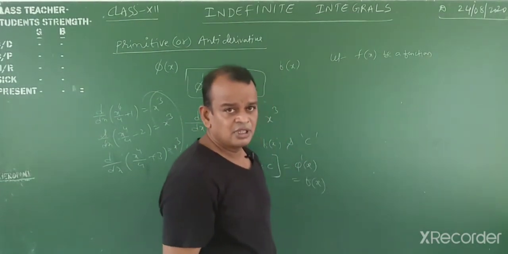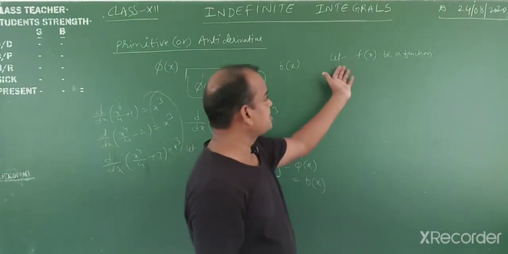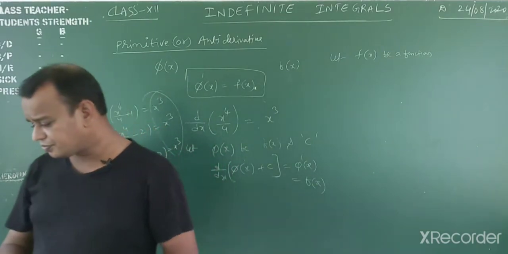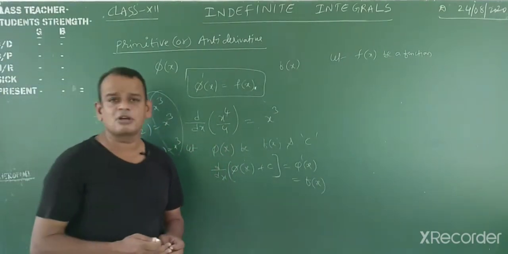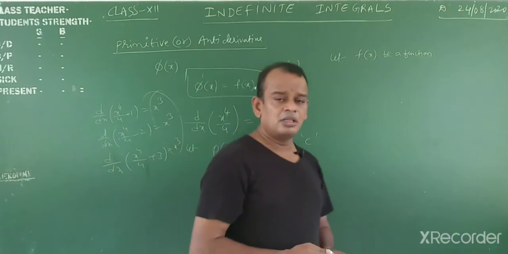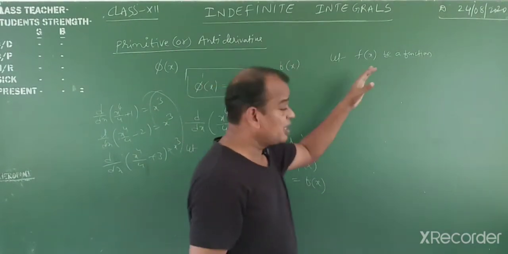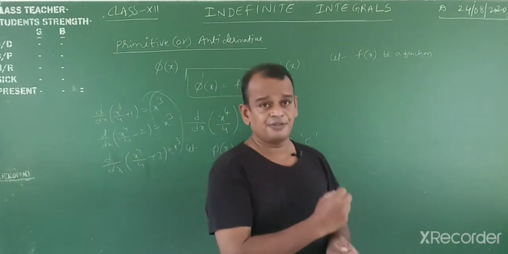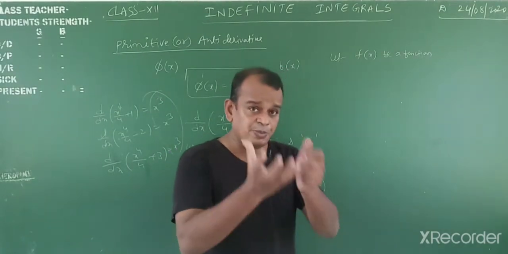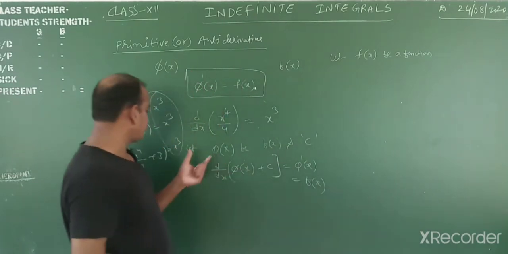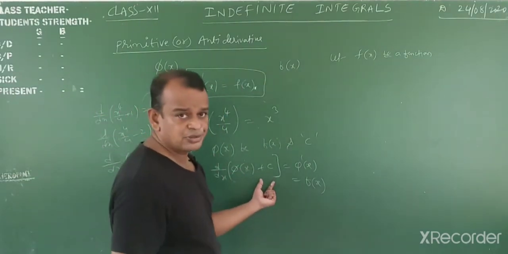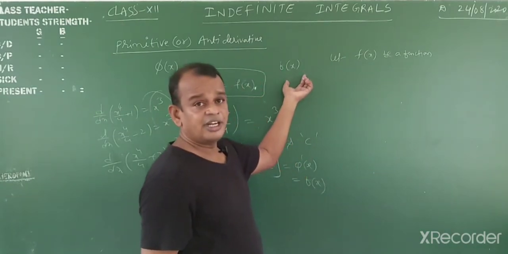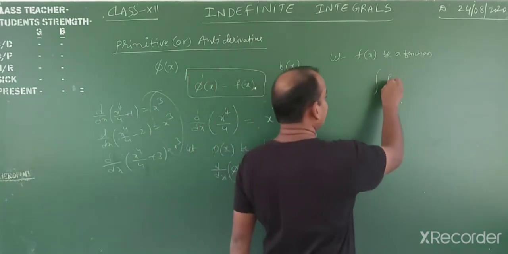The family of all its primitives, that is, phi of x plus c, is called the integration of the function, and it is denoted by integration of f of x.